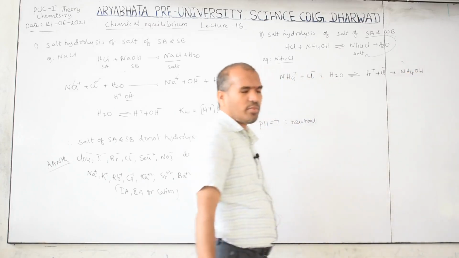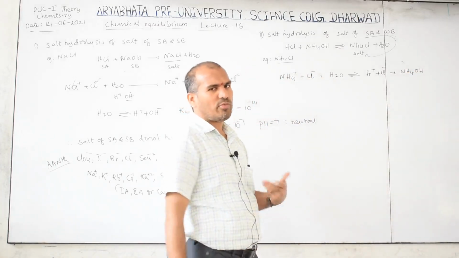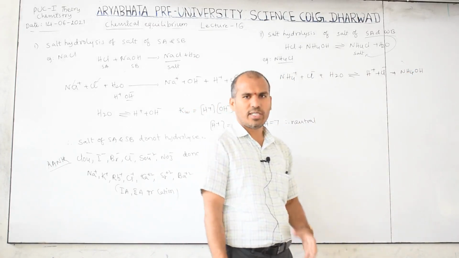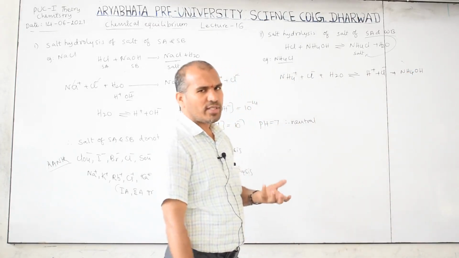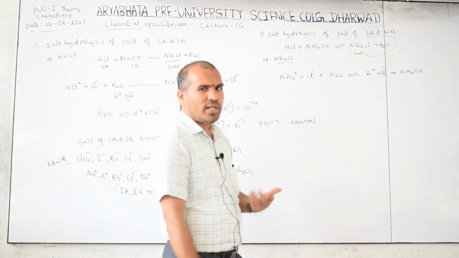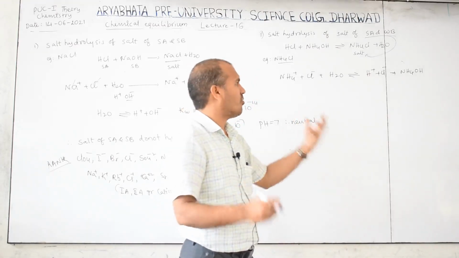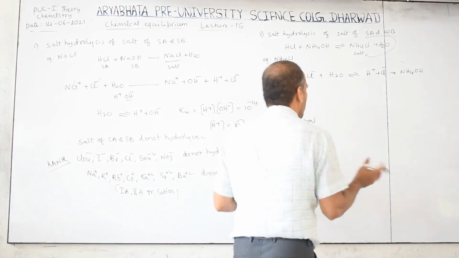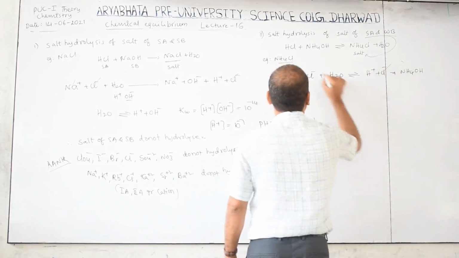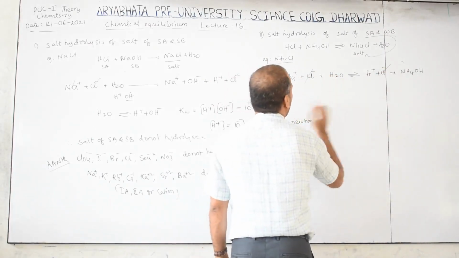Then why is it not represented as NH4+ and OH-? Already we know NH4OH is a weak base. Weak bases are incompletely ionized. When ionization is less than 5%, we do not write it in the form of ions. Okay, the same ions cancel, Cl- cancels, and the remaining part we can write.